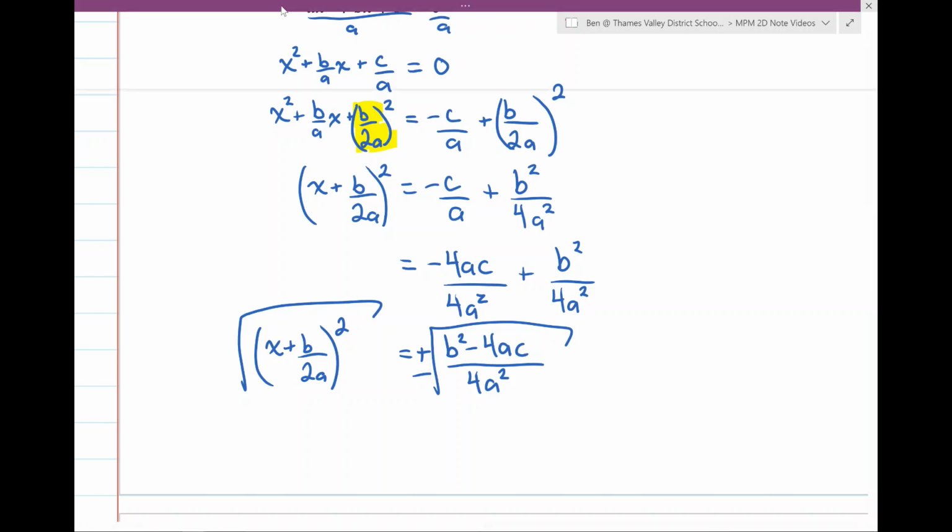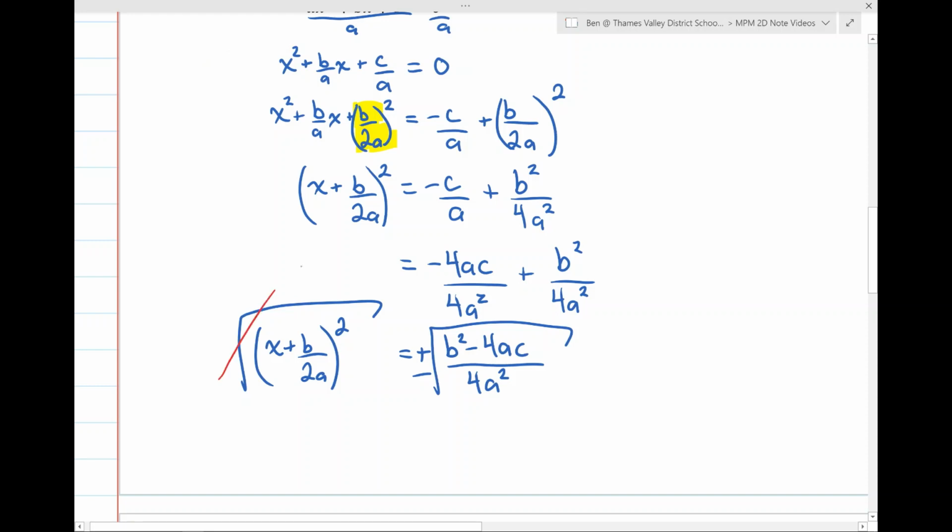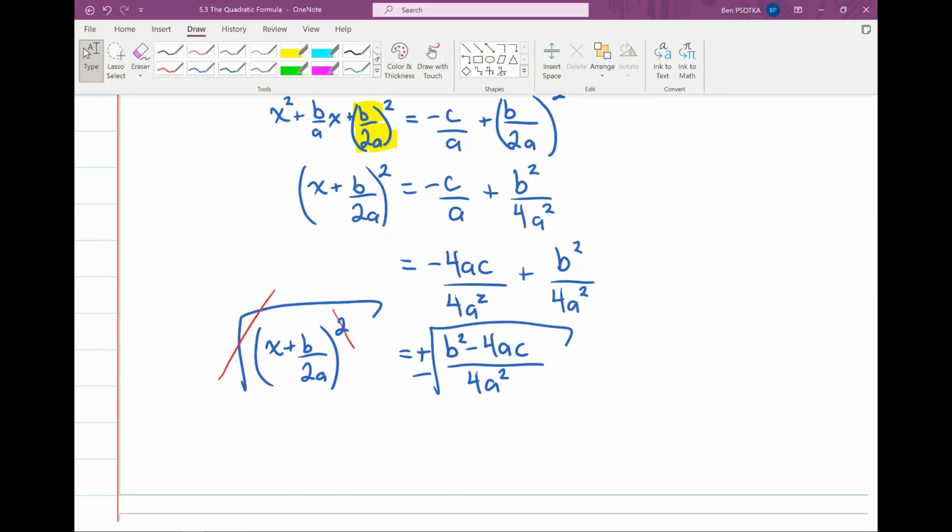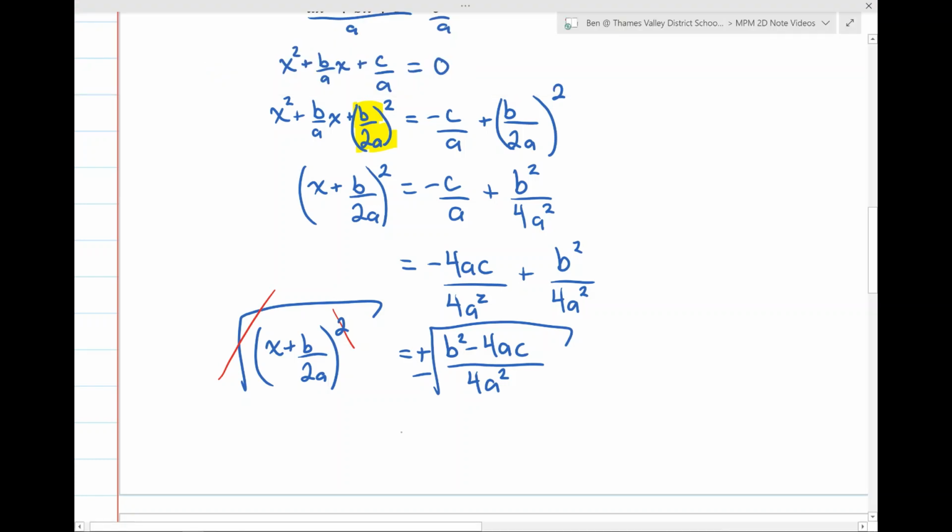So we'll do that. Our square and our square root on the left-hand side, those cancel out. We're dealing with, on the left-hand side, just x plus b over 2a. I guess I don't need those brackets anymore. And on the right-hand side, plus or minus. And here I can break this square root apart, right? The square root is right now happening to my numerator and denominator.